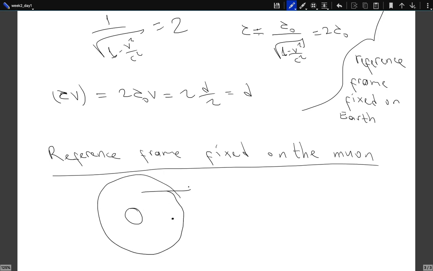They are all moving with a speed v in this direction, in this new reference frame. Well, the muon will live a total time tau 0. There's no time dilation. So all this atmosphere, etc., can only move by a distance tau 0 times v, which is d over 2. So all this atmosphere and Earth could only move by d over 2.